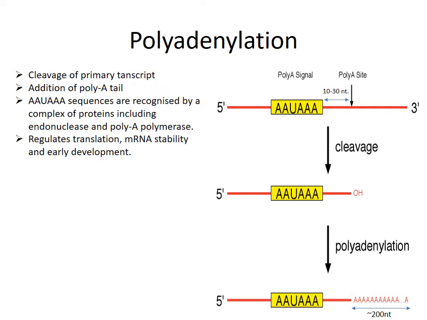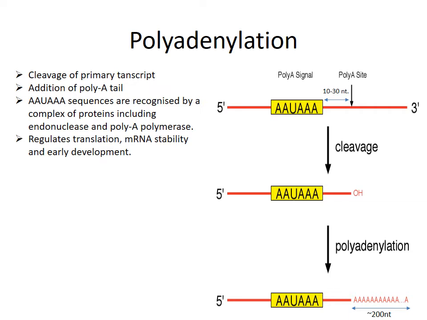As we can check from this flowchart, our pre-mRNA consists of a highly conserved hexanucleotide sequence which acts as a signal for polyadenylation, and this sequence is AAUAA. You can check this part highlighted in yellow in this flowchart.